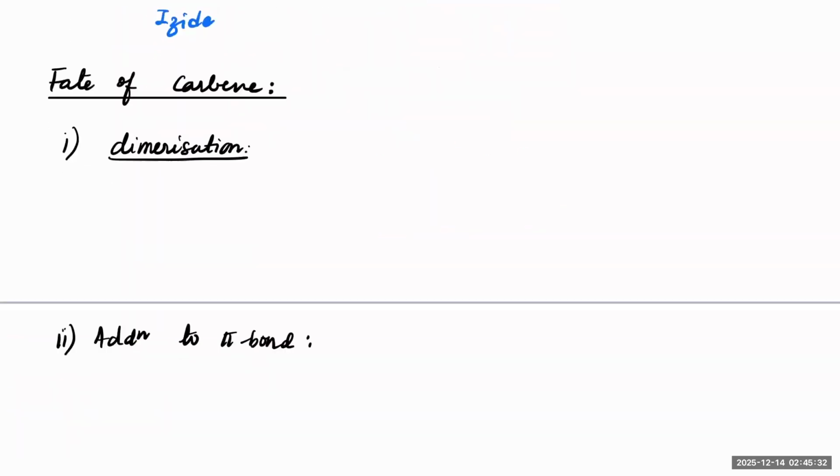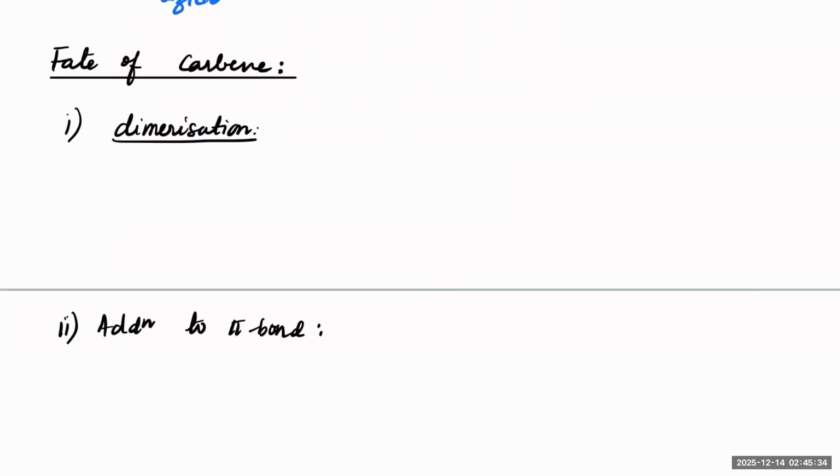Now see, what is the fate of the carbene here? First thing is dimerization. Which means if you have RCH, I have a pair of electrons and one empty orbital.